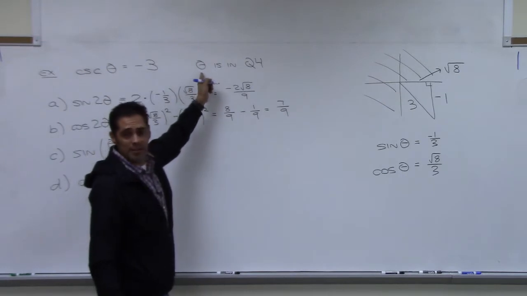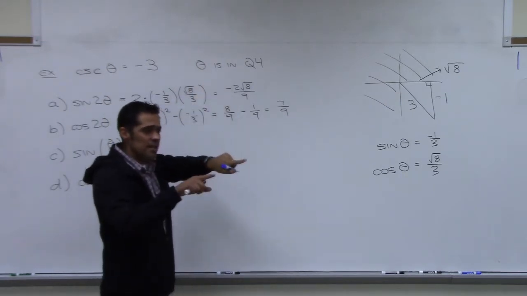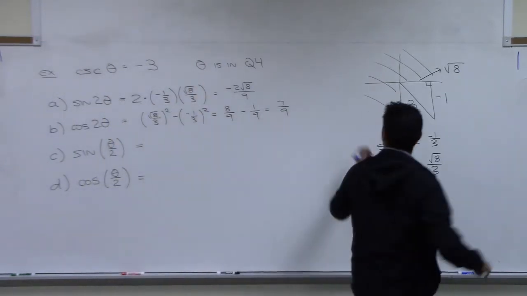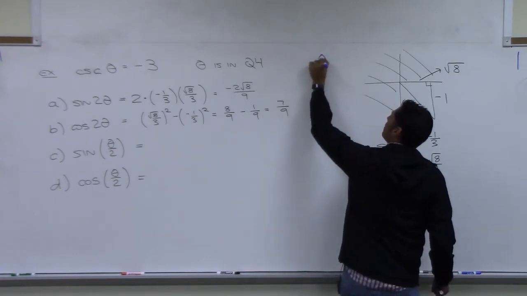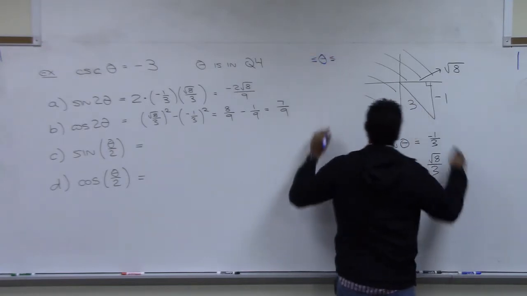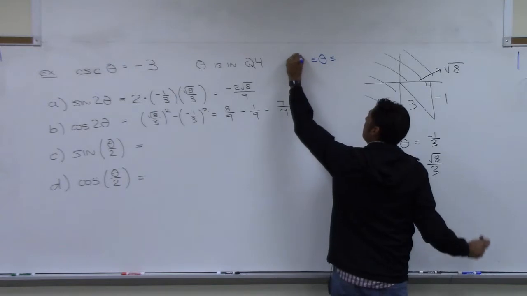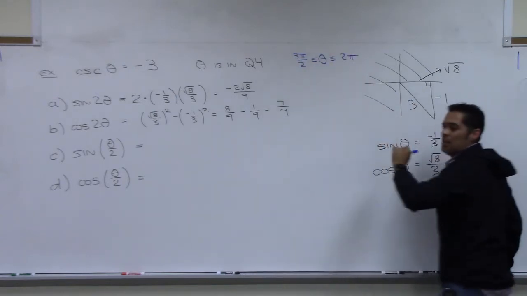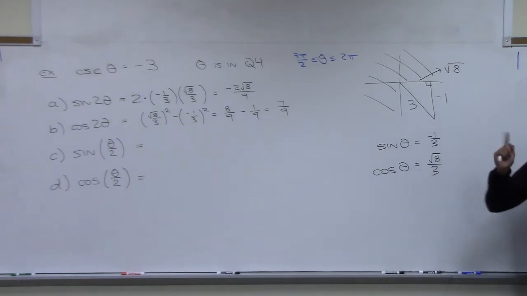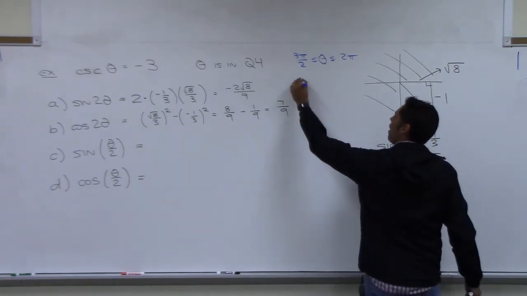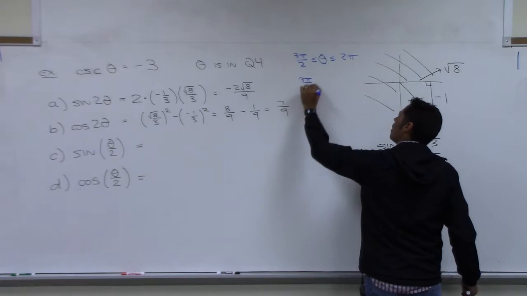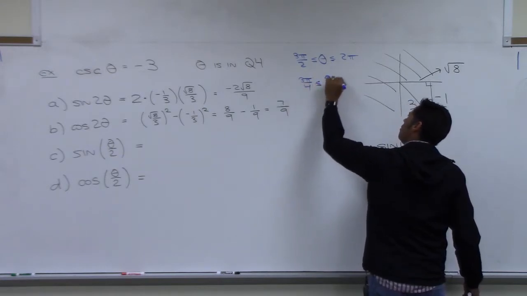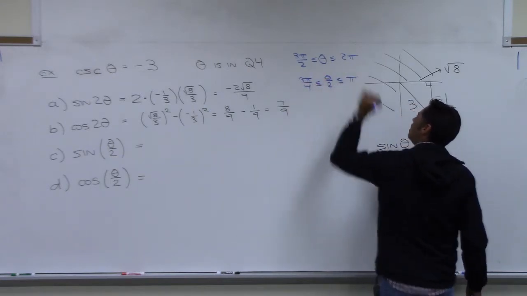Start with this and write it down as an inequality. Theta must be between 3 pi over 2 and 2 pi. Now to get theta over 2, divide everything by 2. 3 pi over 4 is less than or equal to theta over 2, less than or equal to pi.